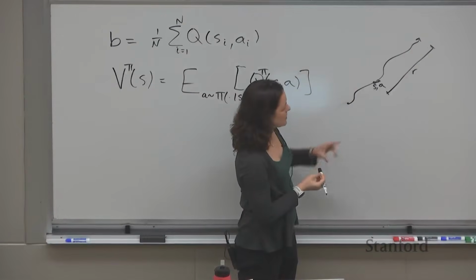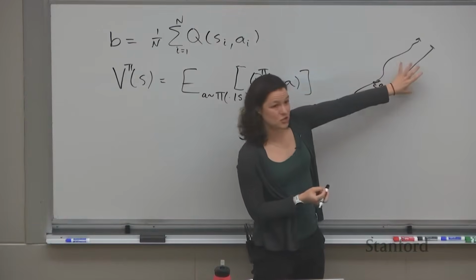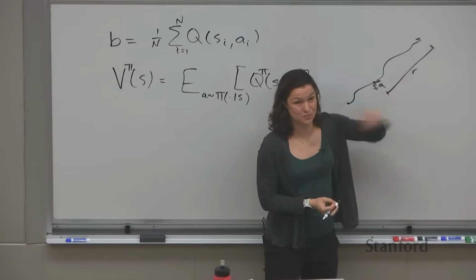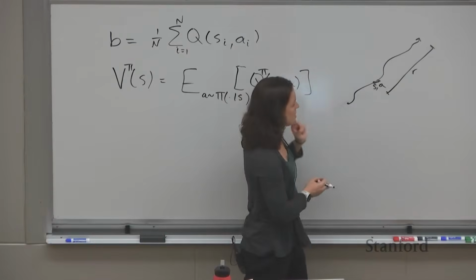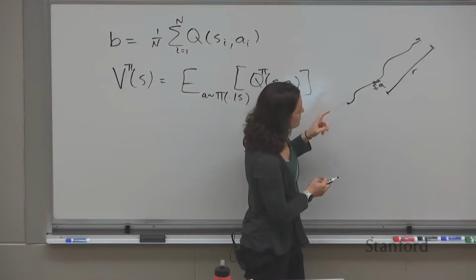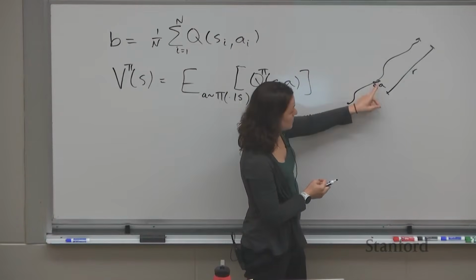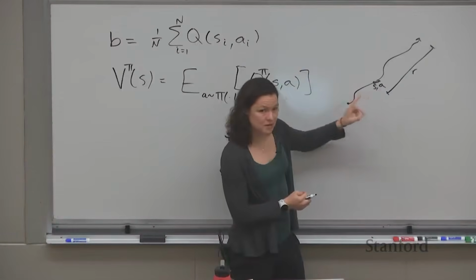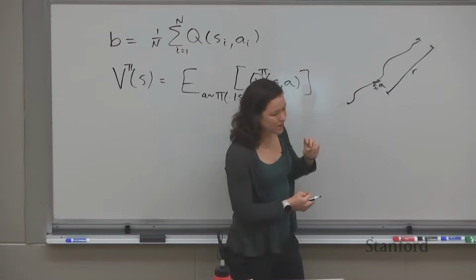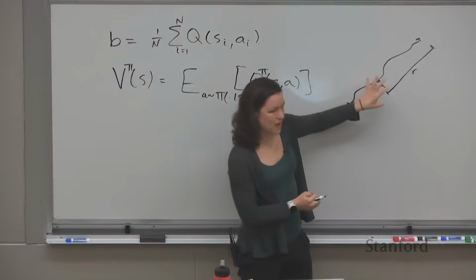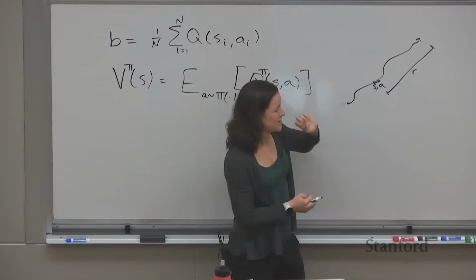And this is going to be a very noisy estimate because we just have one trajectory, one data point to estimate these rewards. Now what we're saying is that we're going to try to get a sense for what the advantage of this action is. We'll start to talk about how we do that in a minute.